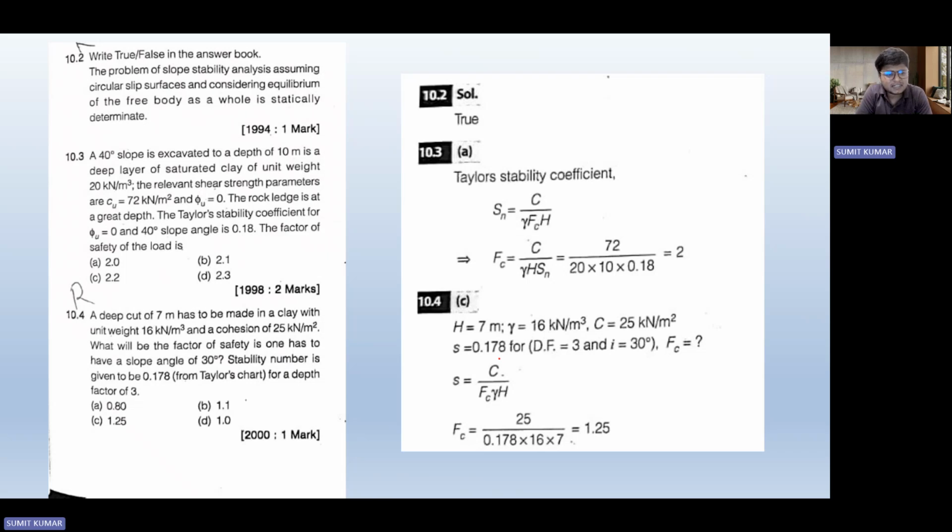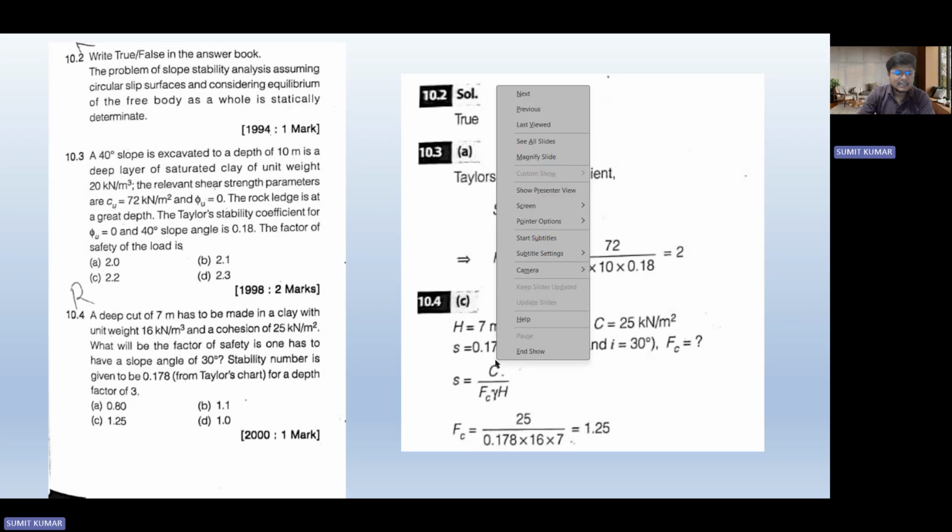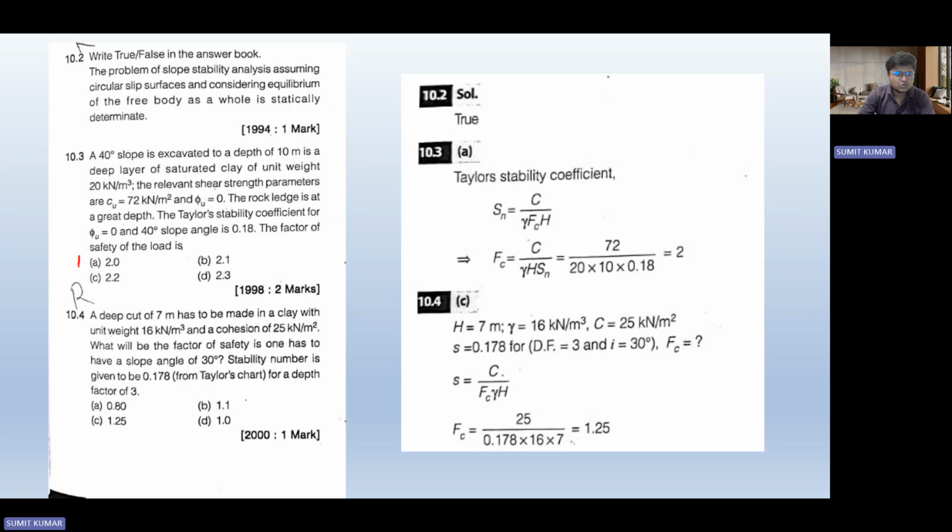The shear strength parameters cohesion and phi are given, rock is at a great depth, and the Taylor stability number is given as 0.18 for phi equal to 0 and beta equal to 40 degree. So the Taylor stability number is C by gamma H Fs, and C is given, only Fs is unknown, everything else is known. So we calculate the factor of safety, and that comes out to be 2. So option A is the correct answer.